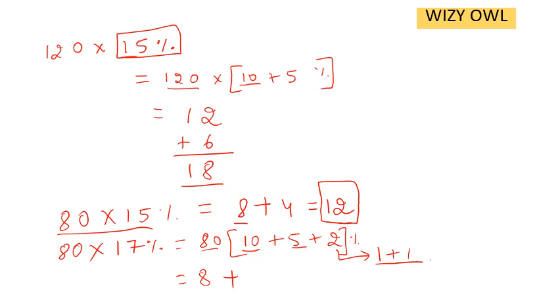Next we will find 5% of 80, that is 4. Next we will find 2 times the value of 1% of 80. 1% of 80 will be 0.8, so our final value will be 12.8.